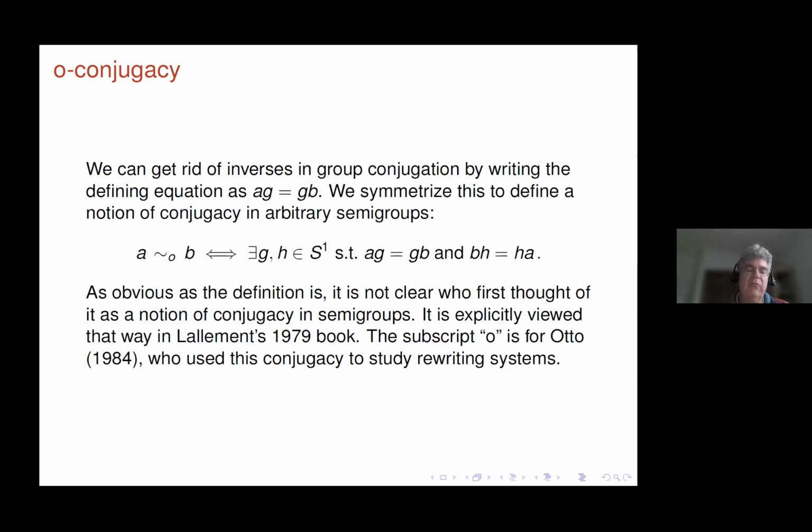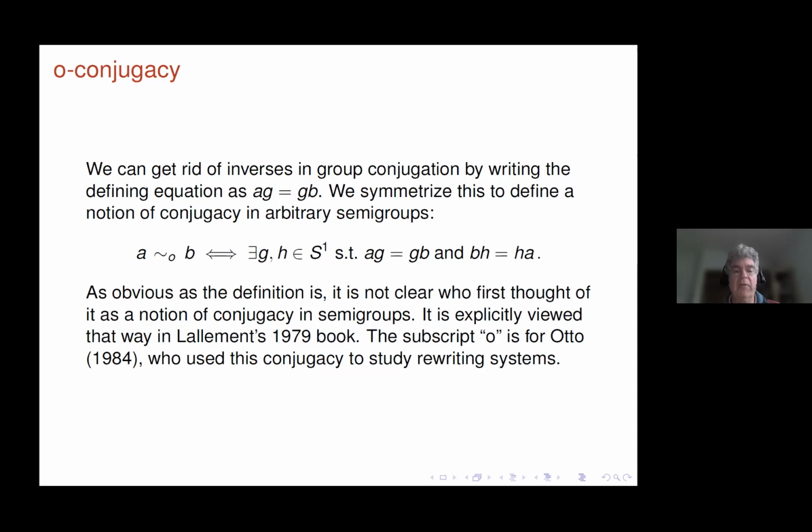Since there are several conjugacies here, you need some kind of way of keeping track of them. It's not actually clear who was the first one. This is an obvious definition, but it isn't really clear who was the first person who thought of this as a conjugacy, as opposed to just some relation. It's explicitly called a conjugacy in Lallement's book, Semigroups and Combinatorial Applications, from 1979.